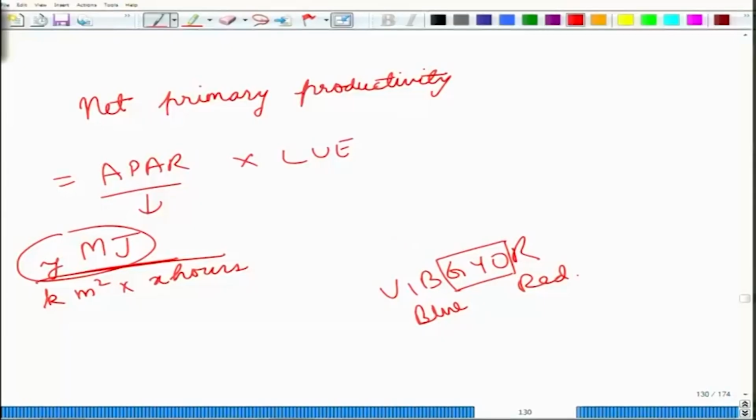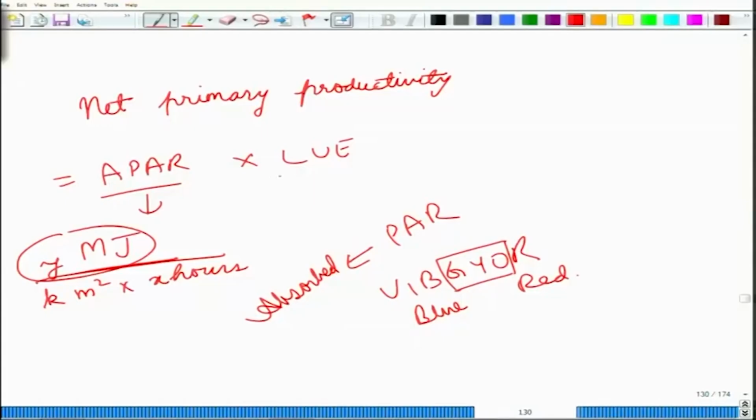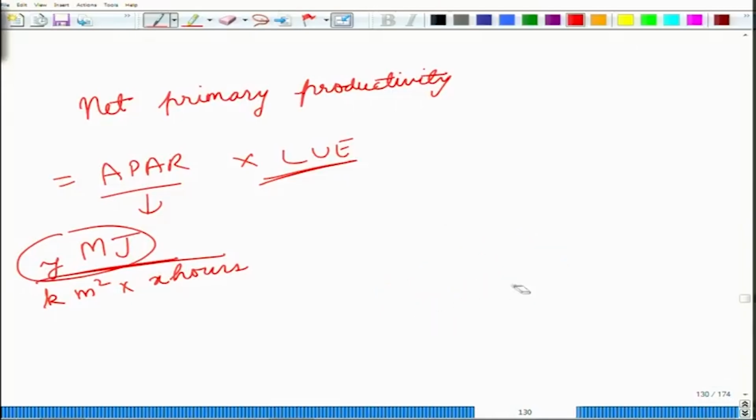Now, out of that photosynthetically active radiation, the total amount that gets absorbed is the APAR. That radiation is given in terms of how many megajoules of energy there were per unit time per unit area. Now, light use efficiency is the efficiency of the plants to use this light. The plant was able to absorb these many megajoules of energy, and these were converted into carbon that was fixed.